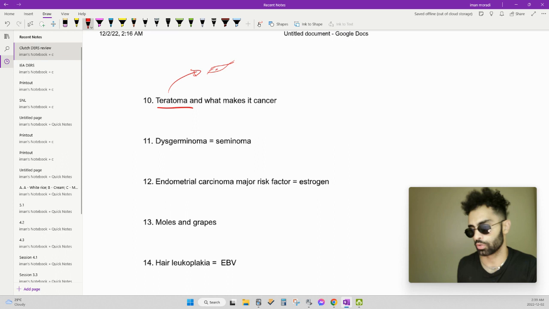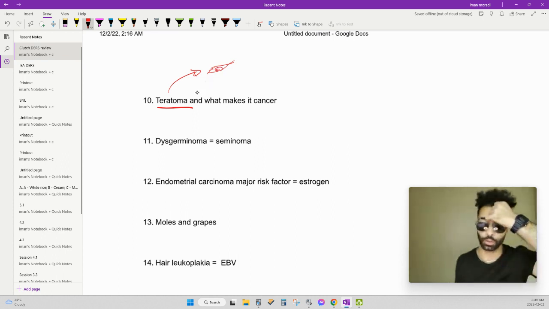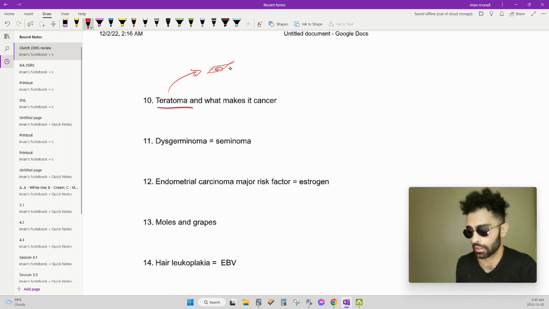And that skin tissue can lead to squamous cell carcinoma of the skin. So basically, two ways that they can be malignant. They can be mature and have skin squamous cell carcinoma, or they can be immature and have neuroendocrine tissue and be invasive, etc.